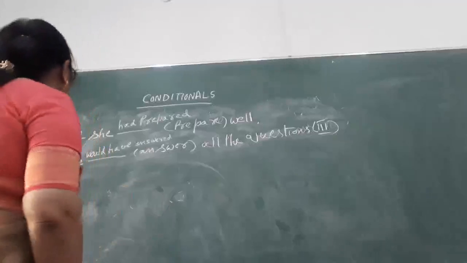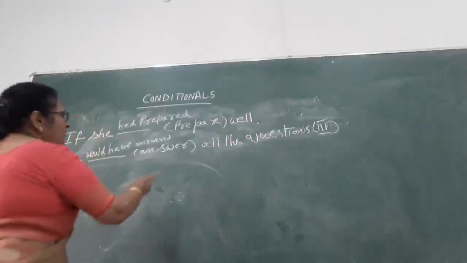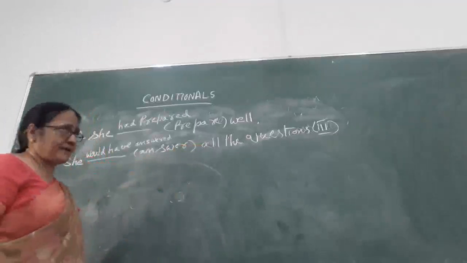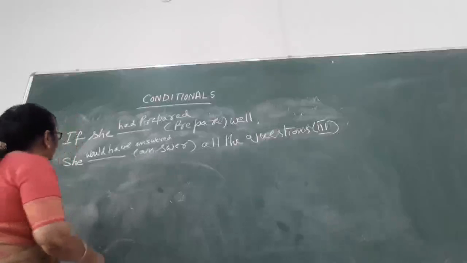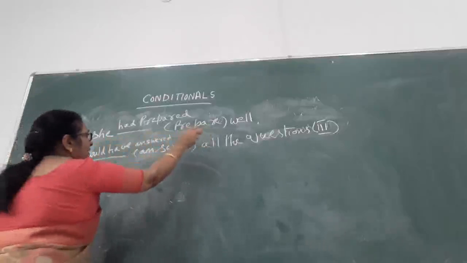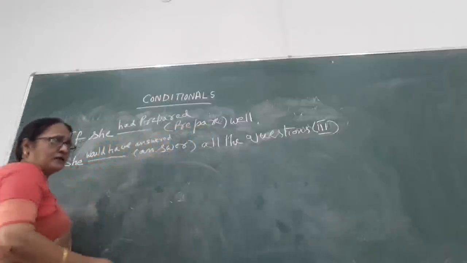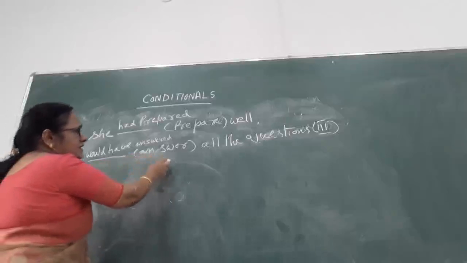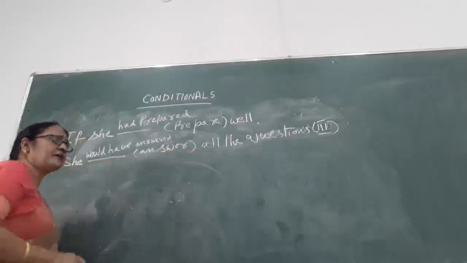So here you have to write the third conditional. It was given in the brackets. I am reading it again: if she dash prepare well, prepare is given in the brackets, she dash answer all the questions.